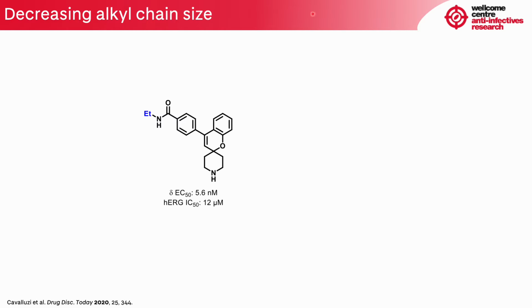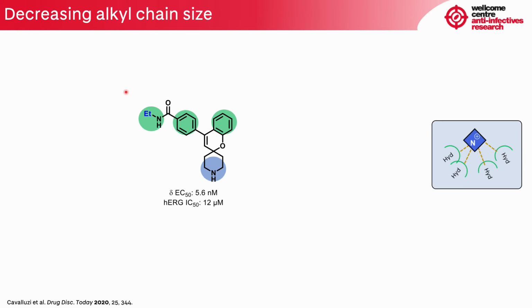One of the strategies we can apply is to try to decrease the alkyl chain size of a molecule that is a hERG blocker. Look at this molecule, for example. If we try to fit one of the pharmacophoric models to it, the best fit would be the basic unit surrounded by hydrophobic groups, here in green.